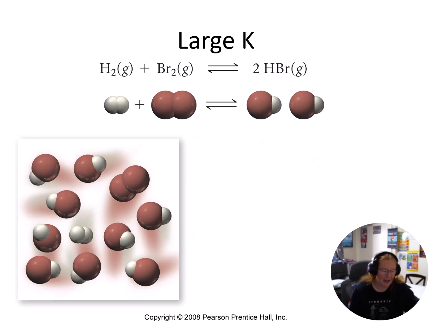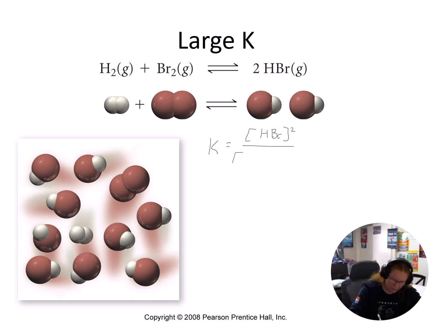So here I have a reaction system. I say that this particular equilibrium has a large K. So K is equal to hydrogen bromide raised to the second power over the hydrogen and the bromine.